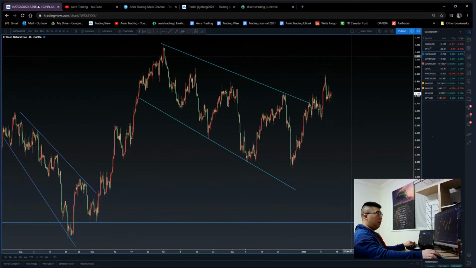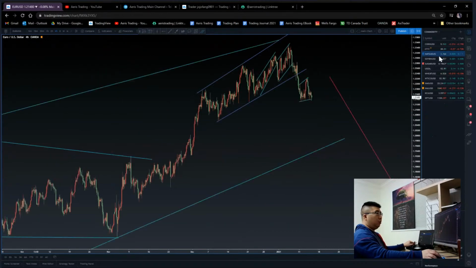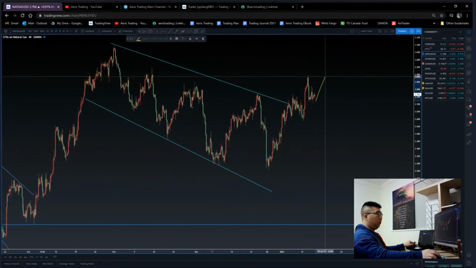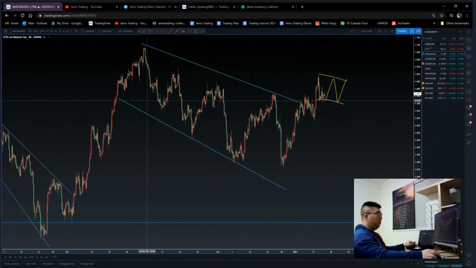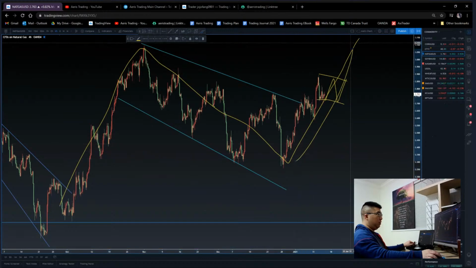This is kind of the same idea as Dollar ZAR, where we broke out and it's kind of forming a head and shoulders. This looks to me like it had this push down followed by a potential correction. And that's why I'm not going to jump into these right away, right? Wait for a little bit more development in the price. If we get a period of consolidation here, that would be great. It would show that this is a clear impulse, this is a complete correction, and we're likely to see the next impulsive phase.